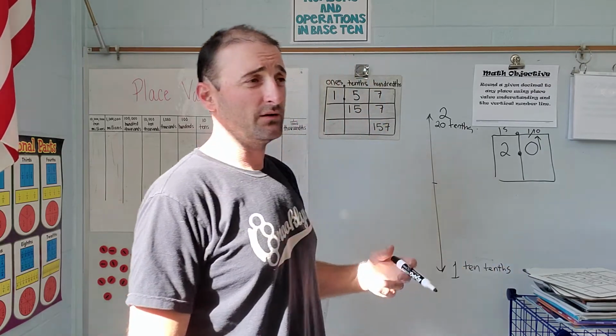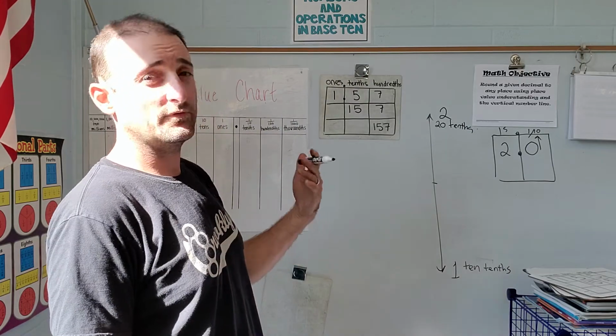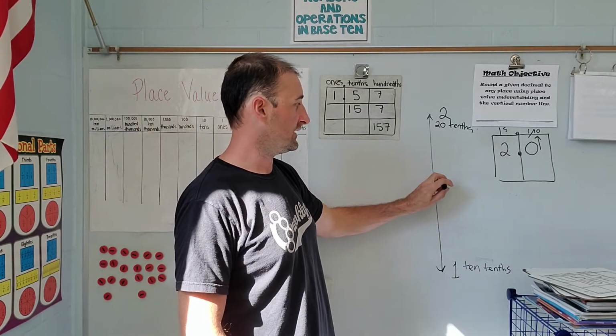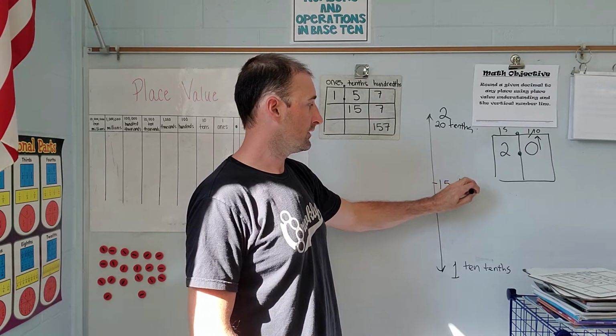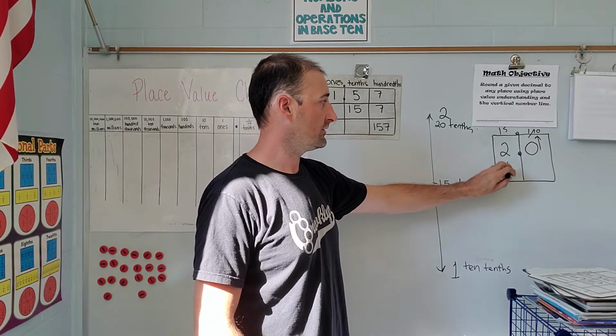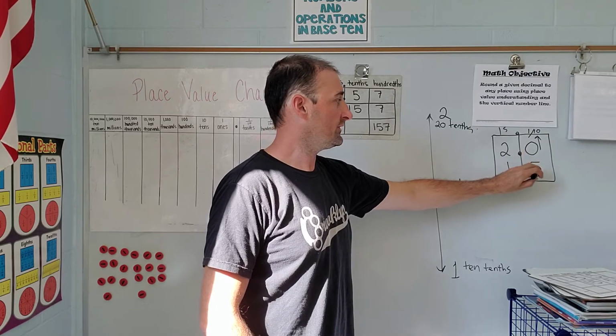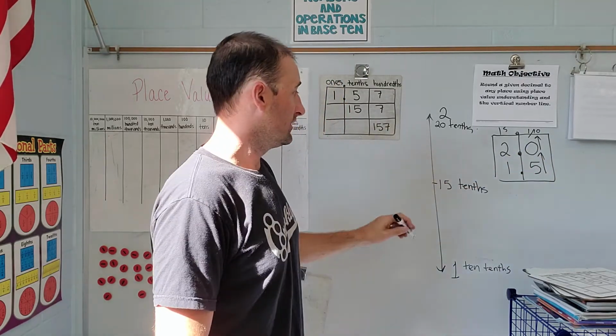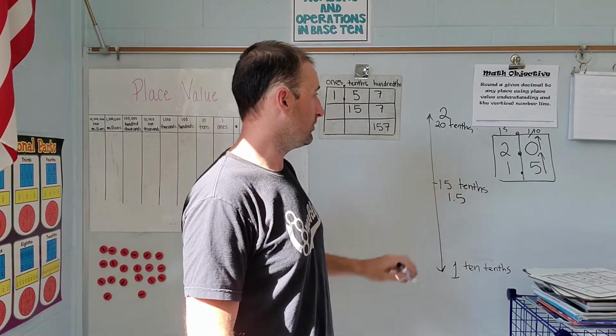And although some of you may know the midpoint between 1 and 2, it just helps with understanding. We know the midpoint between 10 and 20 would be 15 tenths. What is 15 tenths? Let's see. 15 tenths can also be called 1 and 5 tenths. So 1.5 is our midpoint.